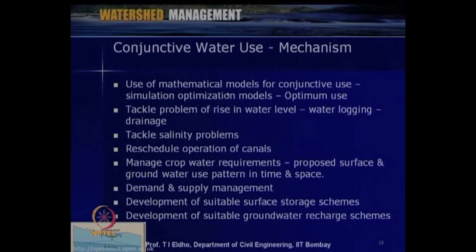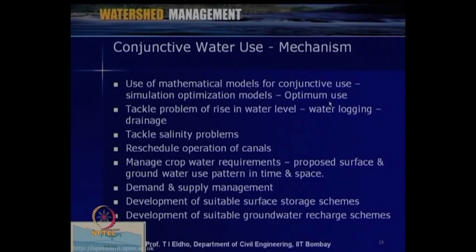Then we can go for optimization, so that we can meet demand and supply, and there will be optimal use. So, we can develop an appropriate mechanism through a mathematical model for conjunctive use. Then we can tackle the problem of rise in water level, so that the waterlogging problem can be reduced. This will be through use of groundwater or development of appropriate drainage plans.